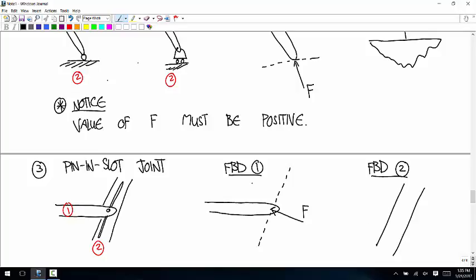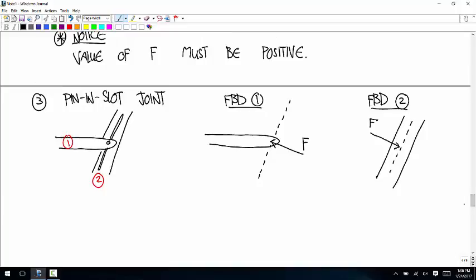But if this is the force applied to one body, the force applied to the other body has to be equal and opposite. For this one, notice that the value of F can be positive or negative.